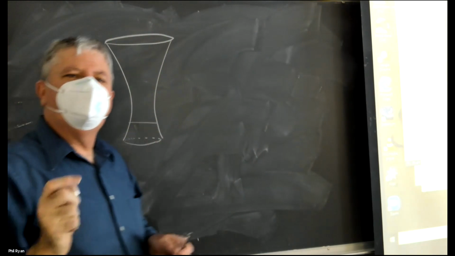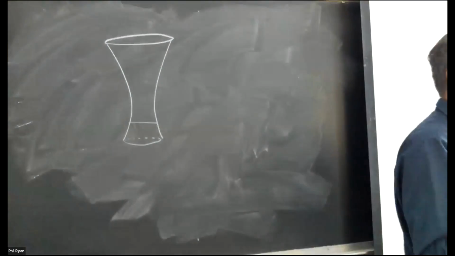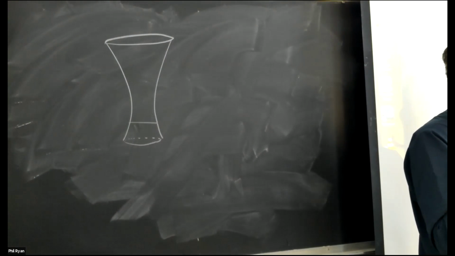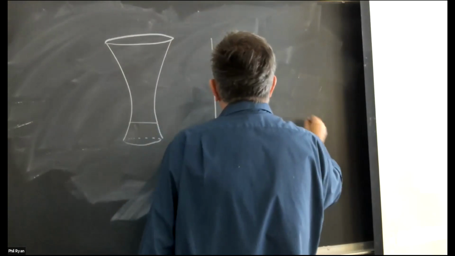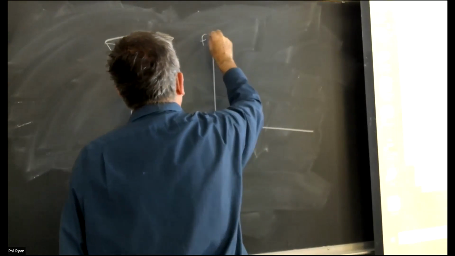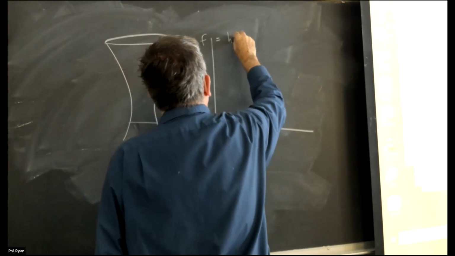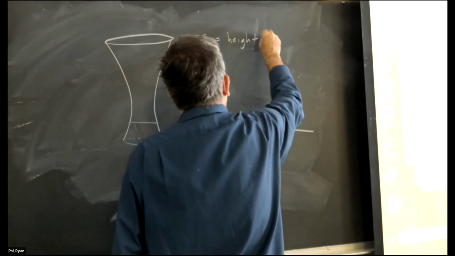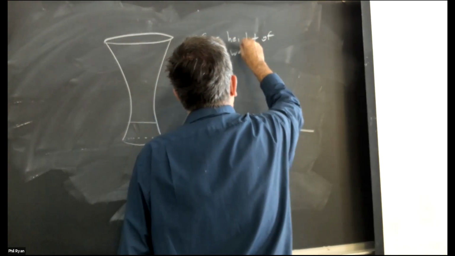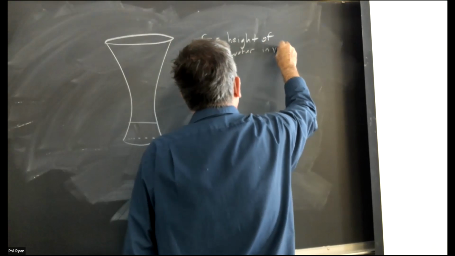Okay, and let's say we fill the water in at a constant rate. And over here, we're going to have a function which is the height of water in the vase.